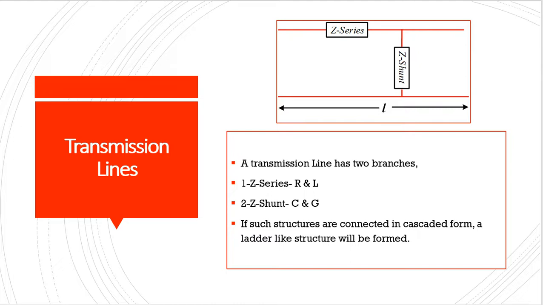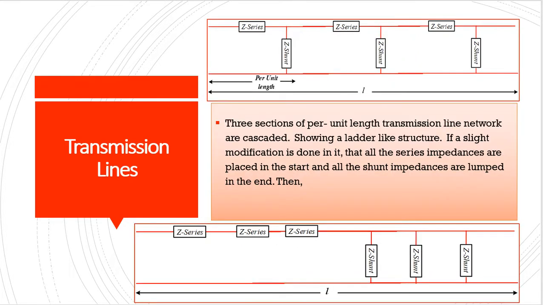If such structures are connected, basically this structure is for the single per unit length, right? And if such structures are cascaded, then they will form a ladder like structure. How ladder like structure? It will be just like this. These are the two side skirts and these are the middle skirts of a ladder, right?